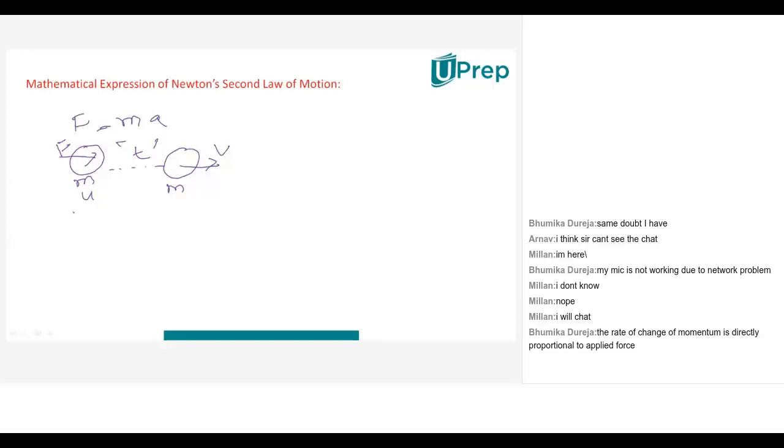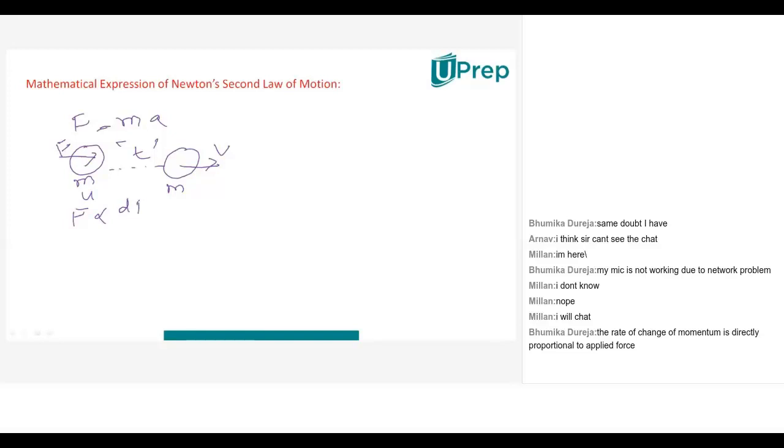Tell me what is the momentum equation? Momentum is equal to mass into velocity. Now what do I have to write for final momentum? Mass is m and final velocity is v. So Pf is nothing but mv.